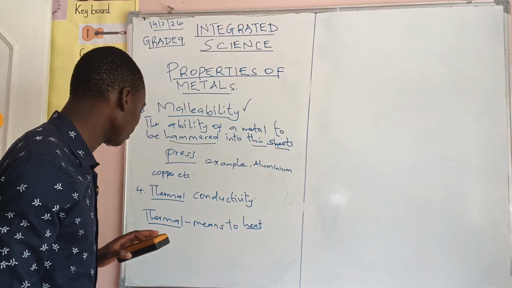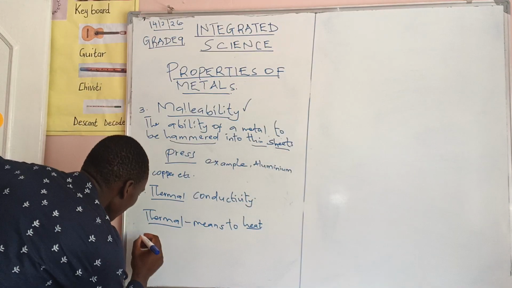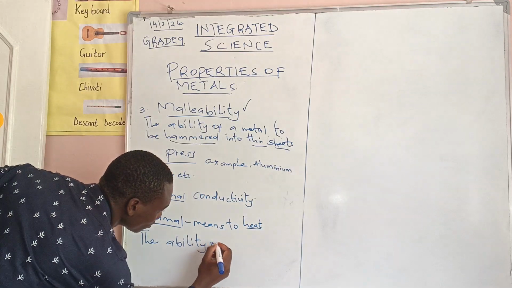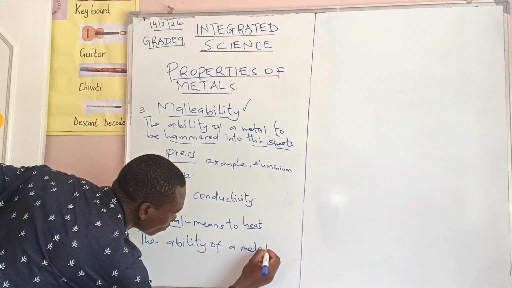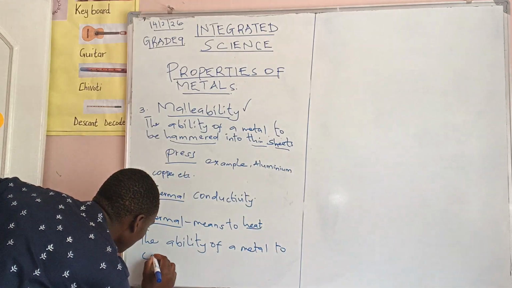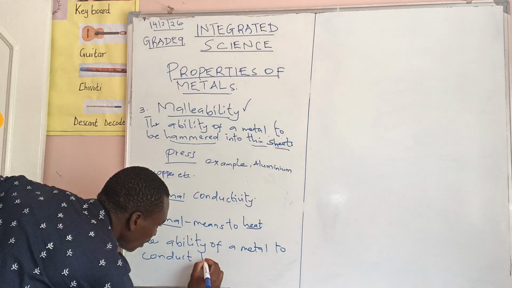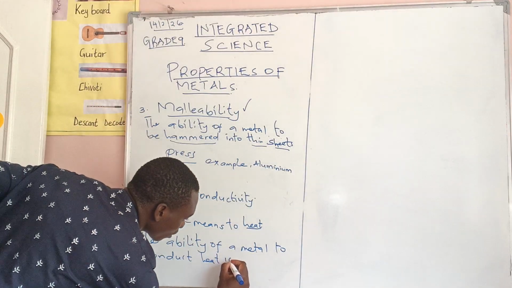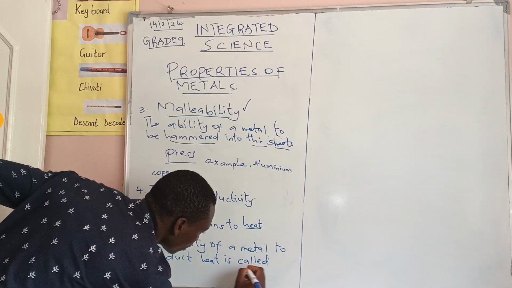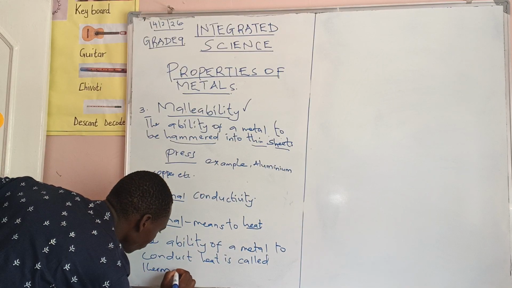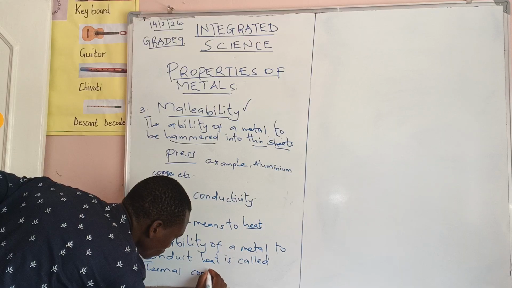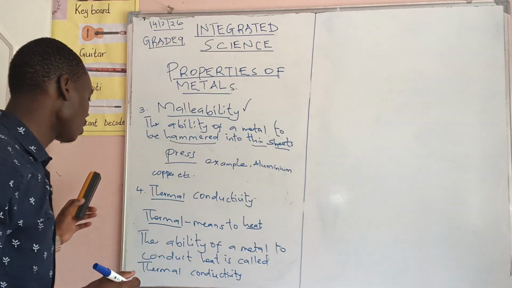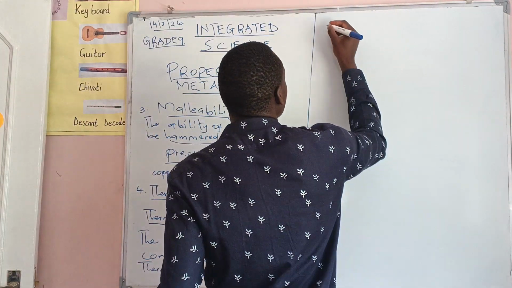Now, thermal conductivity. Thermal means heat. What is it? The ability of a metal to conduct heat, or rather allow heat to pass through them, is called thermal conductivity. The ability of a metal to conduct heat is called thermal conductivity.